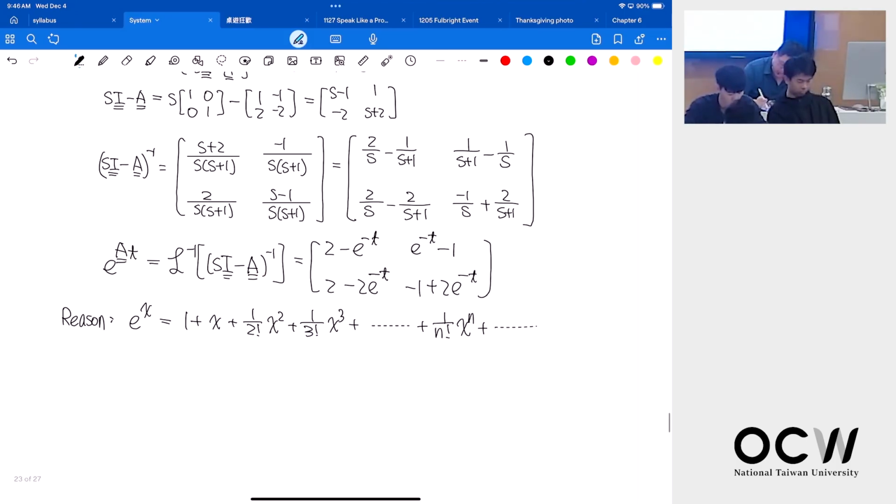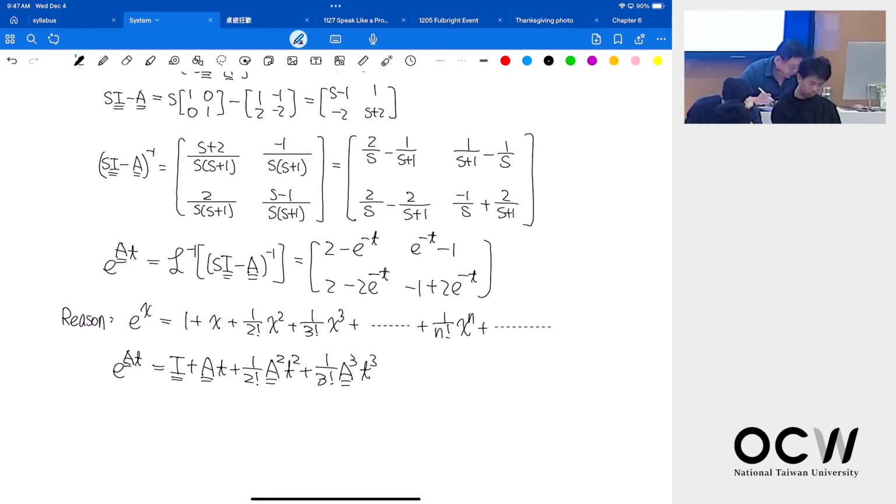So e to the At with the matrix A is the identity matrix plus A times t, and the next term 1 over 2 factorial A squared t squared, 1 over 3 factorial A cubed t cubed, and also 1 over n factorial A to the n t to the n.